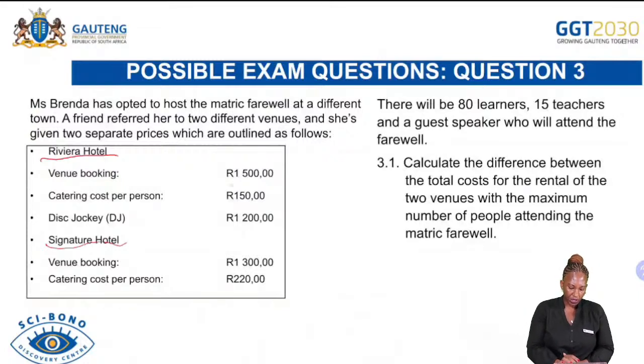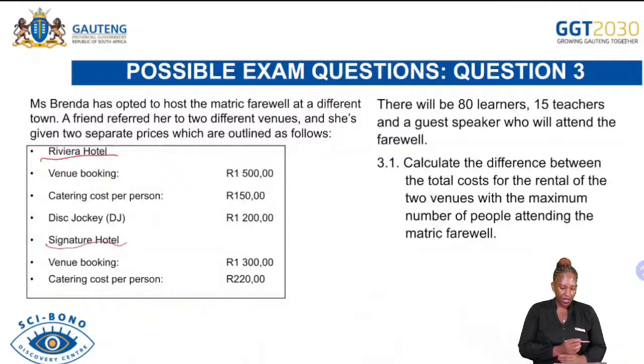Now at the Riviera Hotel, their venue booking is 1,500, and then the cost per person for the meal catering is 150, and then for the DJ, disc jockey, it's 1,200 rand, and then at the Signature Hotel it's 1,300 for venue, and then 220 for catering. So there's no music there. There's no DJ.